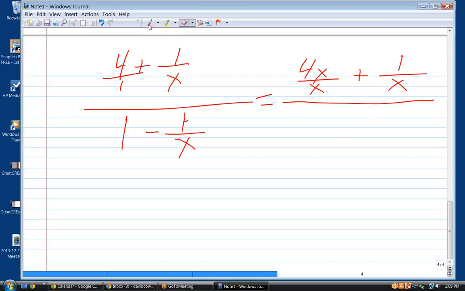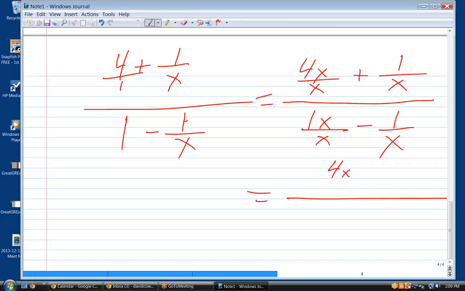Let's do the same thing with the bottom. What does 1 become? 1x over x. Now let's simplify. Let's reduce the top. What does it become? 4x plus 1 over x. In other words, all you do is add numerators.